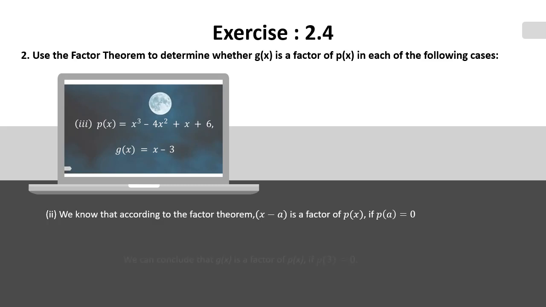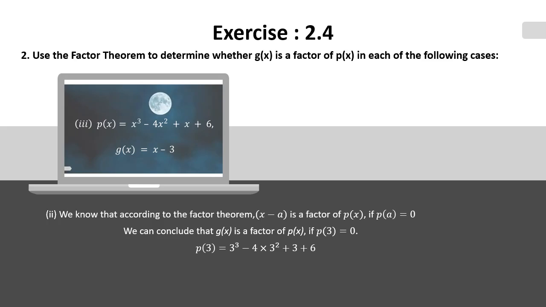Here, when we find the zero of the factor x minus 3, put x minus 3 equal to 0, then x equals 3. Substitute x is equal to 3 in p of x, then we get p of 3 will be 0.